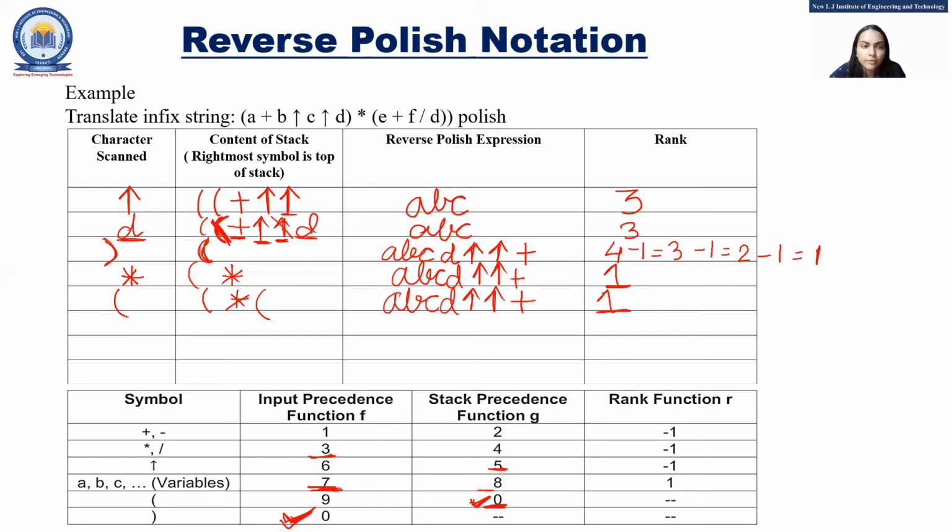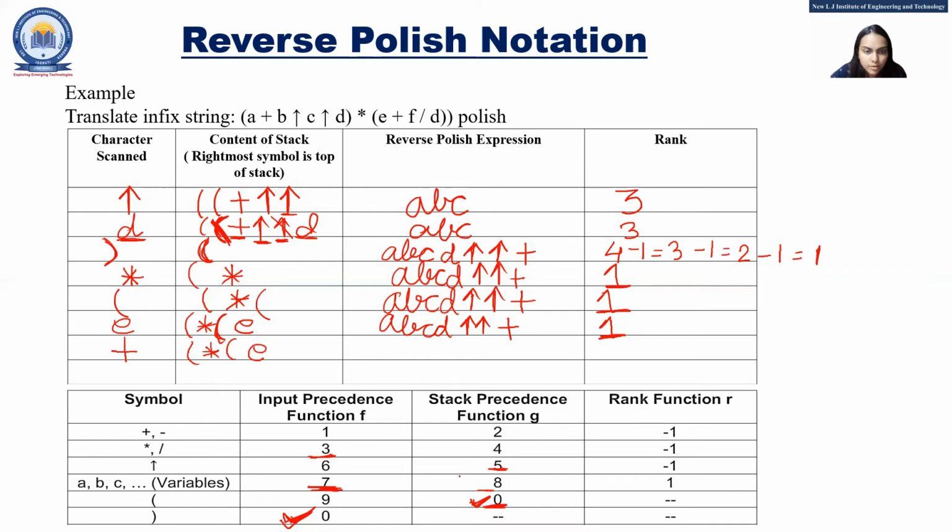Now we have E. So this bracket, this star and this bracket. What is the stack precedence? Stack precedence of opening bracket is 0 and E has incoming precedence 7. So we will push it. So A, B, C, D, this plus and this stays 1. Now we have plus. So again, let's see this. E, what does E have?